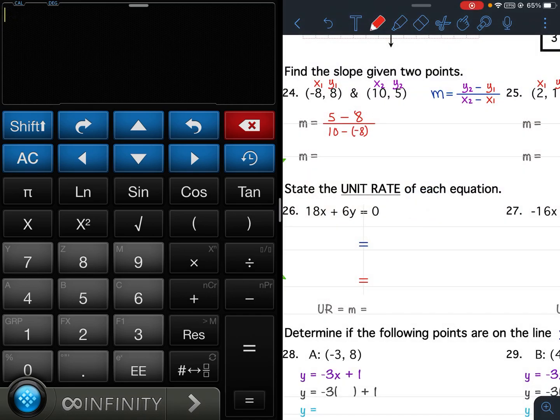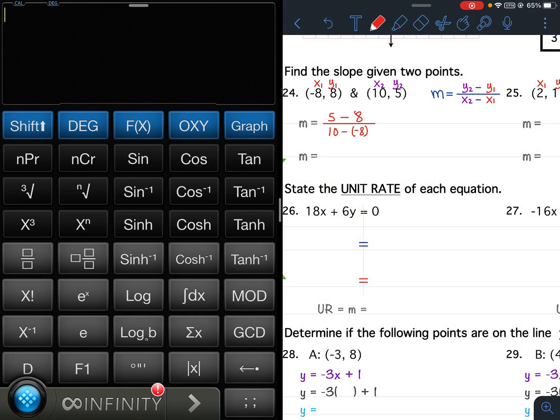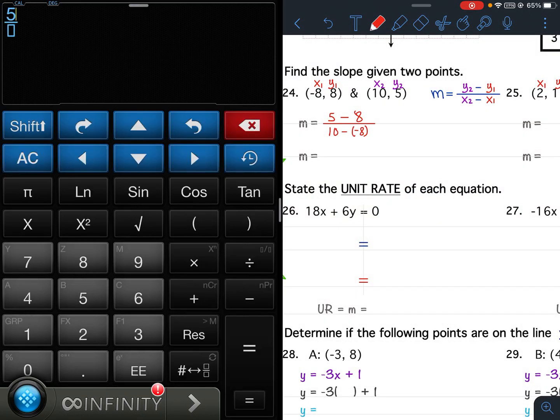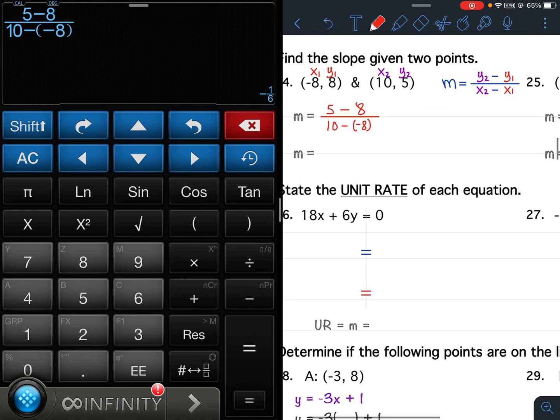So we're going to put that in the calculator exactly how it looks, starting with the fraction button. 5 minus 8 over 10 minus negative 8. And we want fractions here, no decimals. So that would be negative 1/6.